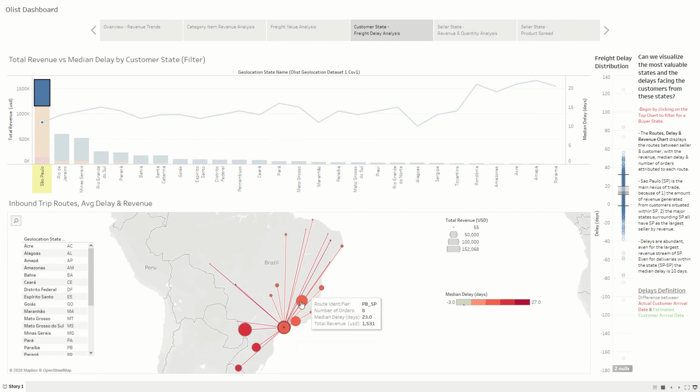So this route here is from the seller all the way to the customer, weighted by how much revenue that route actually has. And the important thing here is the delay. The median delay would be like 16 days. So for a high revenue route, that's pretty high actually.